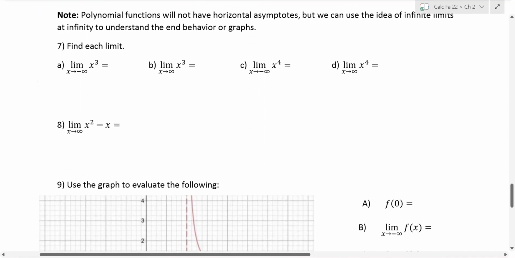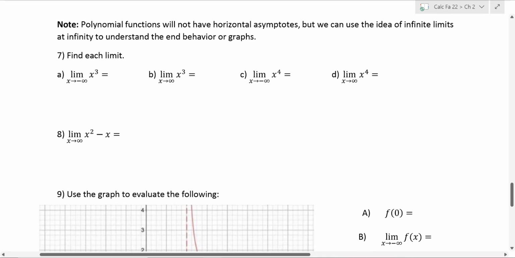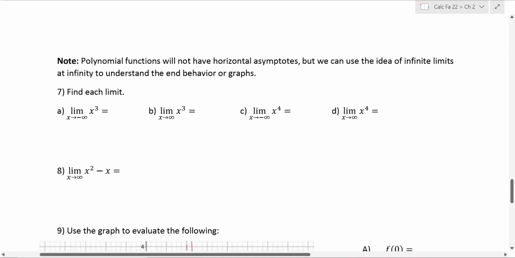All right, and the rest is just a little bit of graphing, refreshing some more of what we maybe know from pre-calc. Polynomial functions won't have horizontal asymptotes, but we can use the idea of infinite limits at infinity to understand the end behavior of the graphs. So if I draw up x cubed and x to the fourth here, and you could use x squared exactly the same way as the x to the fourth.